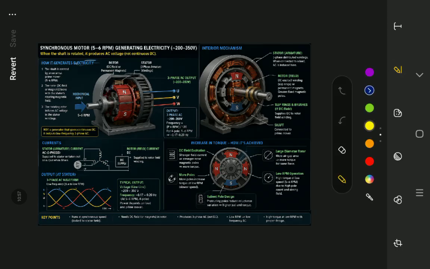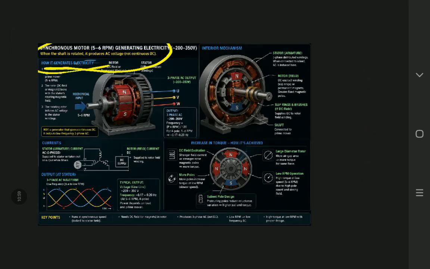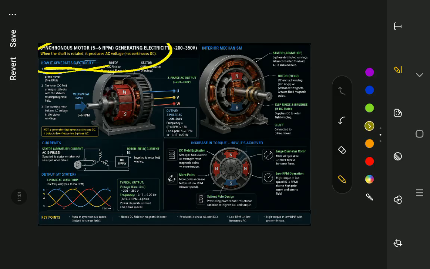Right, now the next, this is also a most used way to get free electricity. So now we are going to see the synchronous motor. A synchronous motor works on the principle of high torque and low rpm. As we know, as the torque increases, the rpm decreases. That is due to the interior mechanism of a synchronous motor.